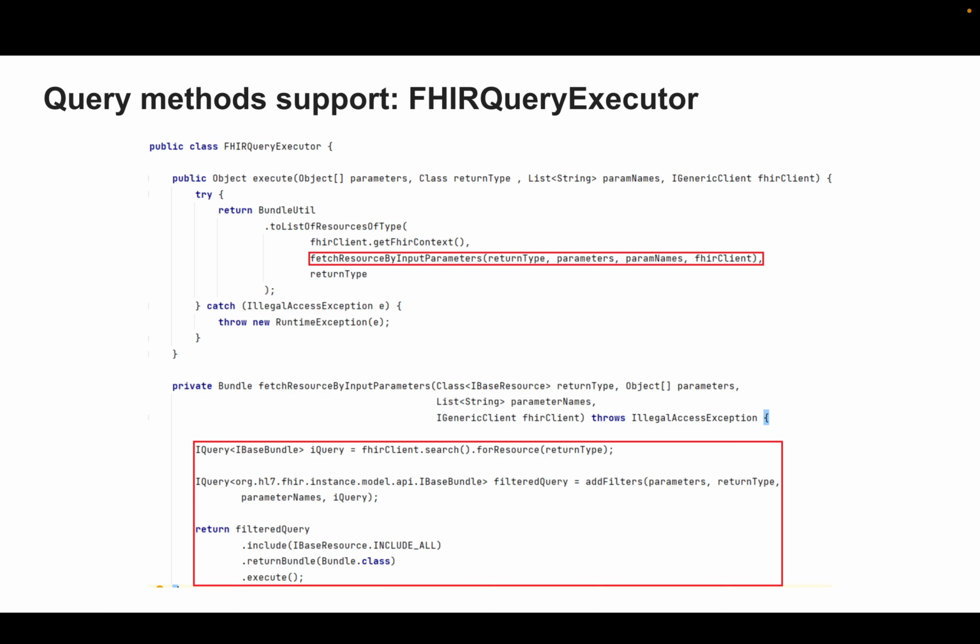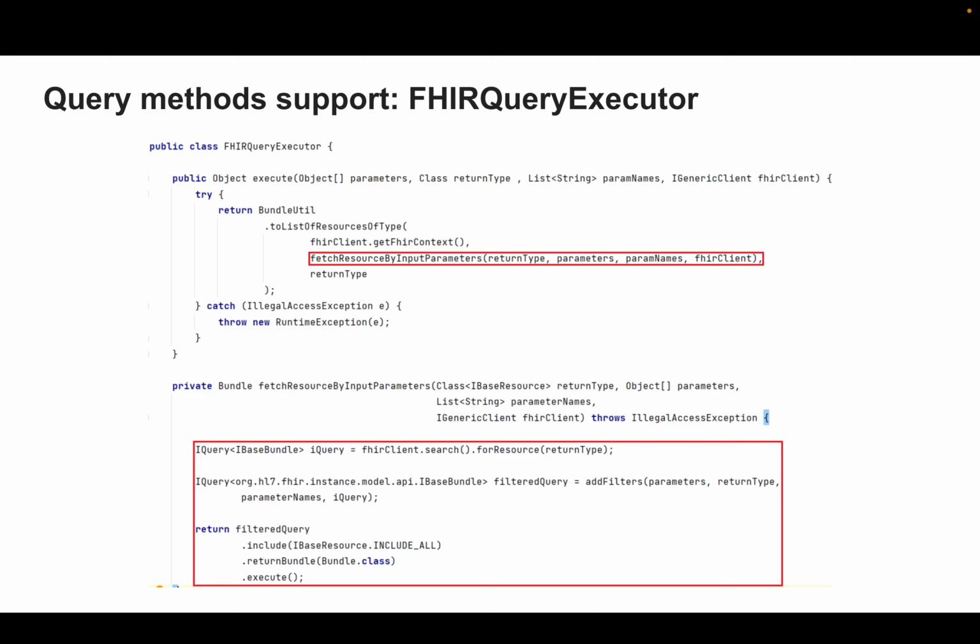Here is the implementation of our FHIR query executor, where we execute our queries, and the implementation is pretty much similar to what we have in simple FHIR repository in defined all methods, but here we populate the where section, our filtering section, dynamically based on the parameter names and parameter values we're retrieving from the parameters.